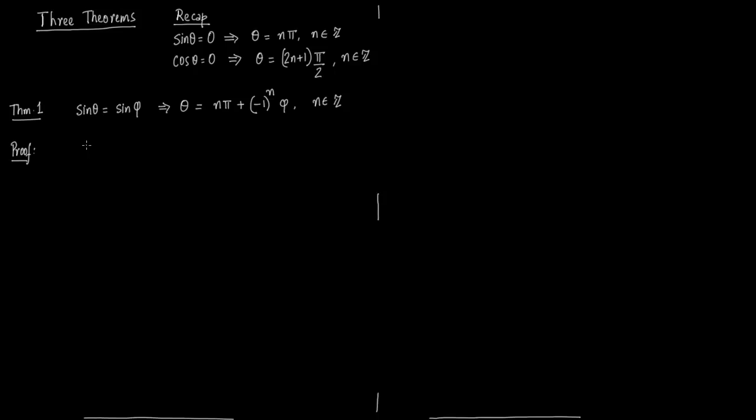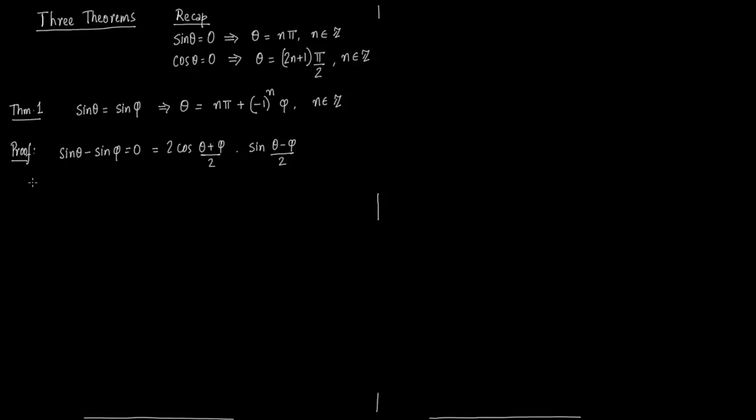So, proof. First we write down sine theta is equal to sine phi, which implies sine theta minus sine phi is 0. Now we use the difference formula. You can write sine theta minus sine phi as 2 cos of theta plus phi by 2 times sine of theta minus phi by 2.